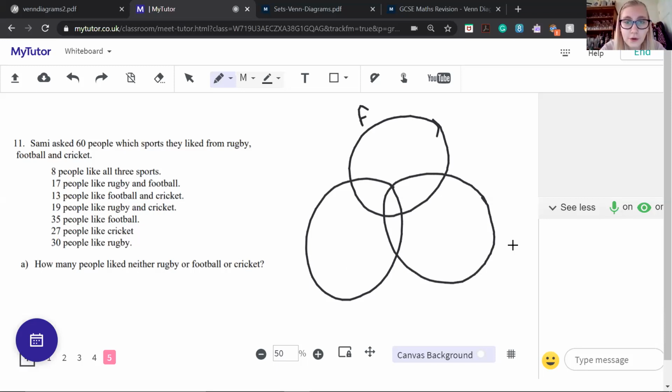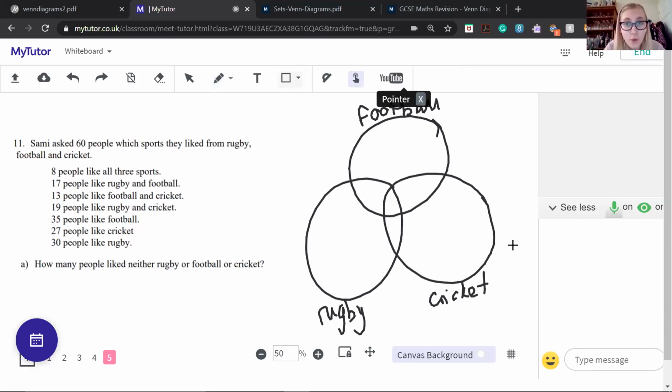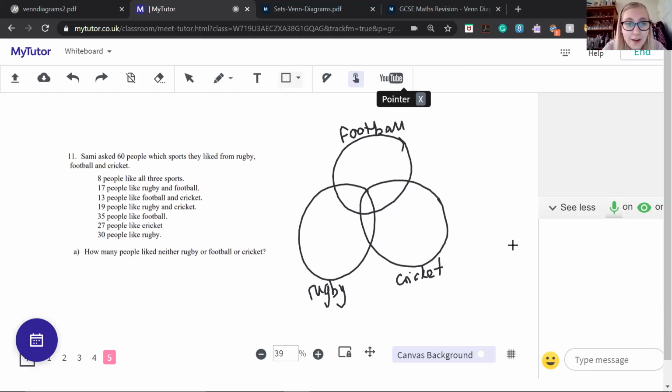And we've got football, rugby, and cricket. Now, it doesn't say that they all like one of them. And in fact, our question, if you look at the end, is how many people liked none of them? So that means that we're going to actually have this outside area.